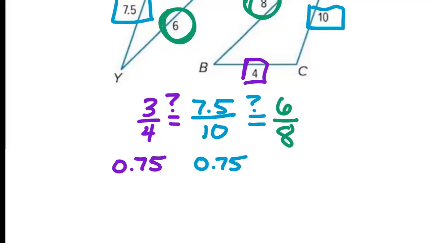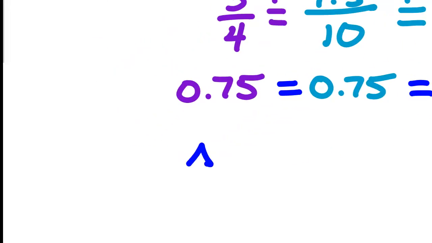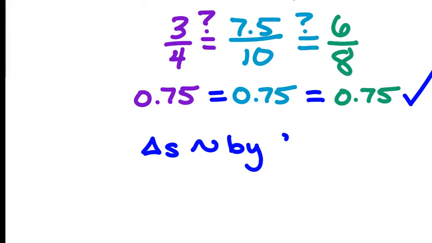So far, we're looking good. What about 6 divided by 8? 0.75. You do have to check all three of them. We've had a couple problems in this module where 2 of them match, but the third one doesn't. So because these 3 match, the triangles are similar by side-side-side similarity.